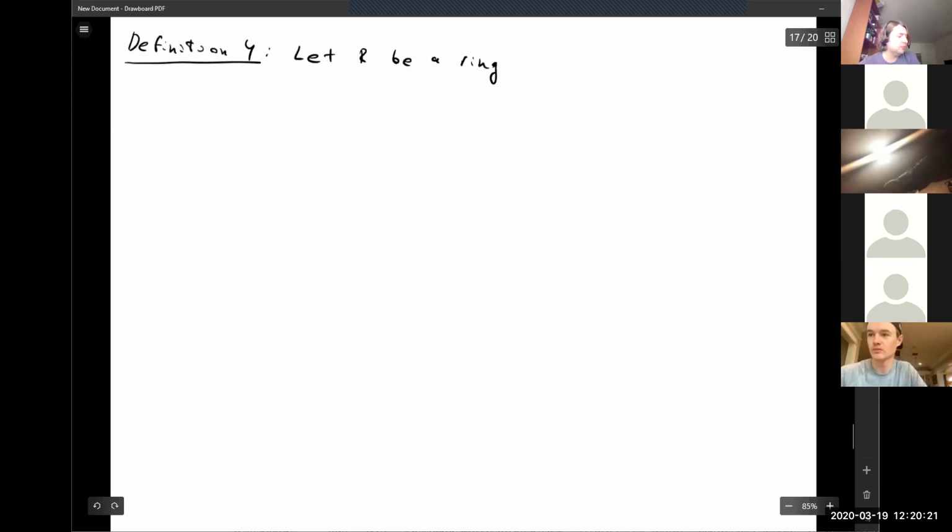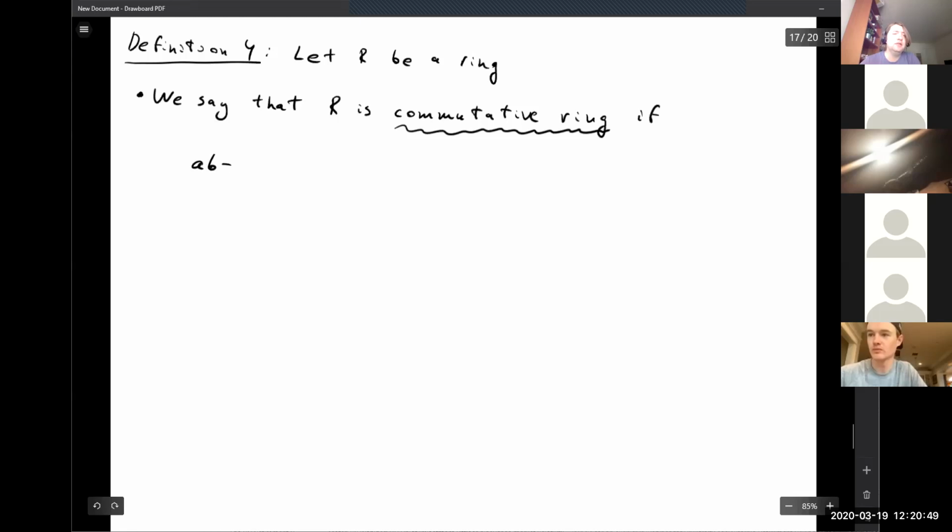Now we say that R is a commutative ring if the multiplication is commutative. If AB equals BA for all A, B in R.